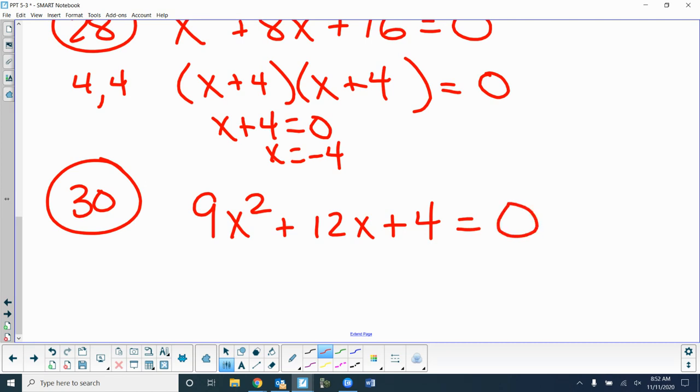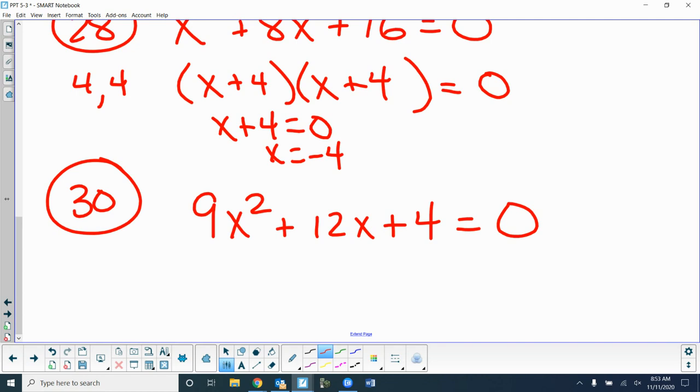All right. Is there a GCF? No. Is it a difference of squares? Yes. How many terms in a difference of squares? 2. Is it a sum or difference of cubes? No, because how many terms? 2.